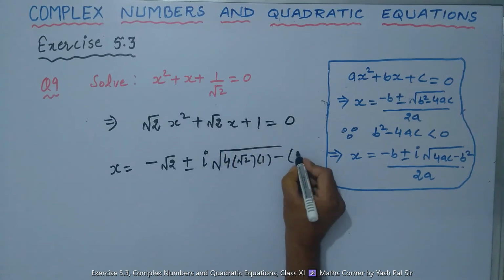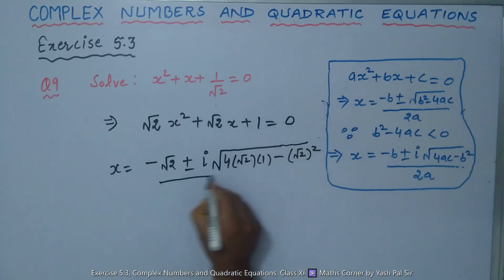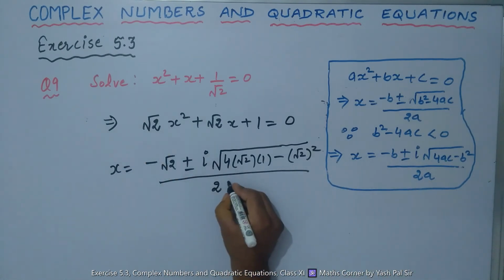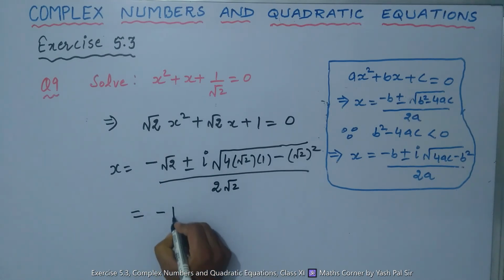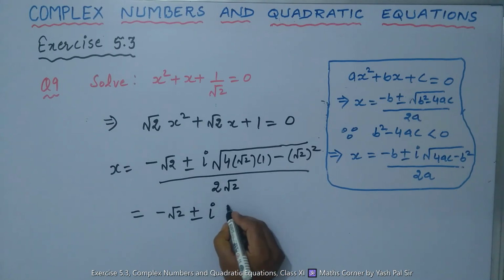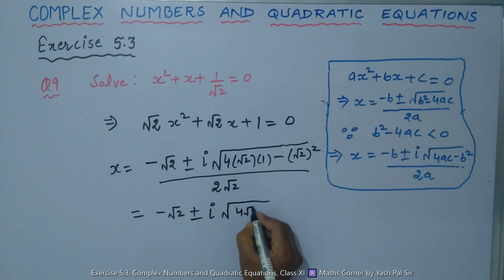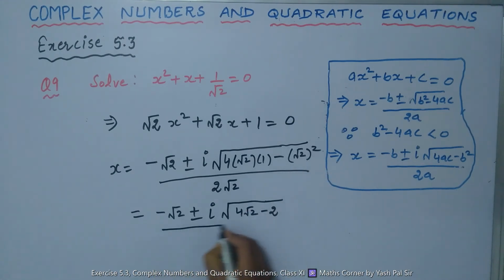B is square root of 2, its whole square, whole divided by 2 into a. A means square root of 2. So this way minus square root 2 plus minus iota square root of 4 into square root 2 minus 2 upon 2 square root 2. This is the final answer of this question.